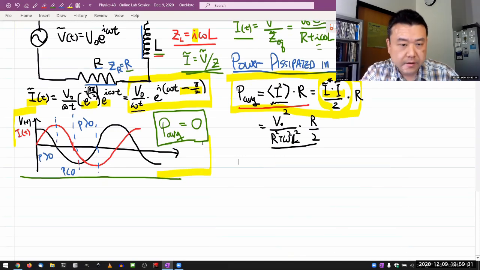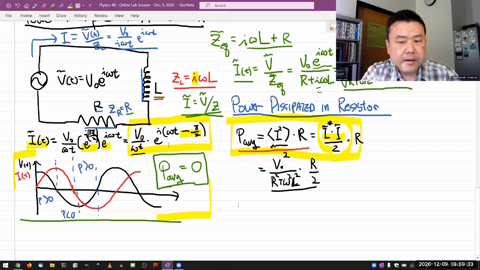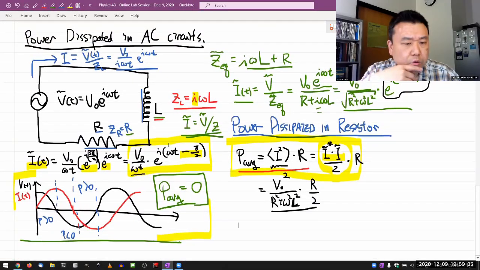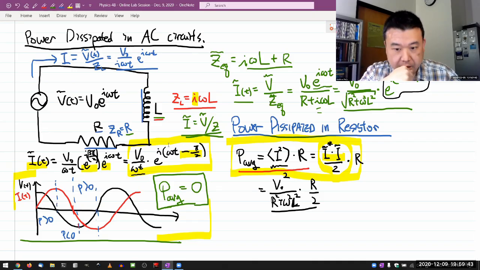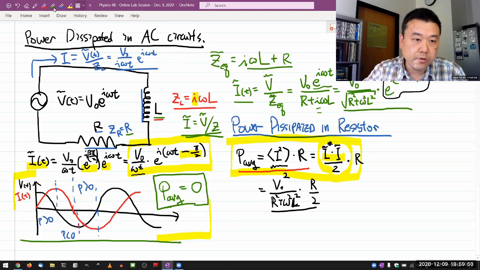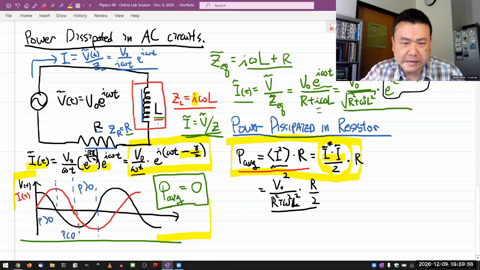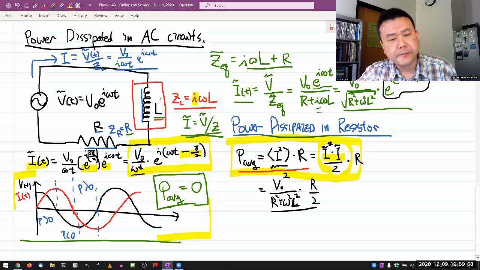And I guess I need to construct this correctly. So let's see. I want you to imagine a device that consists almost entirely of something that has inductance, like a motor. I think a motor is what I want you to think about.